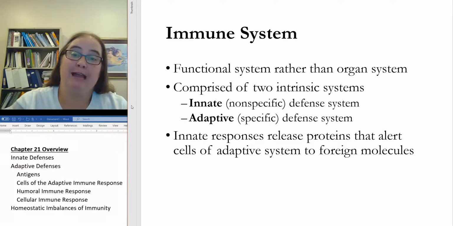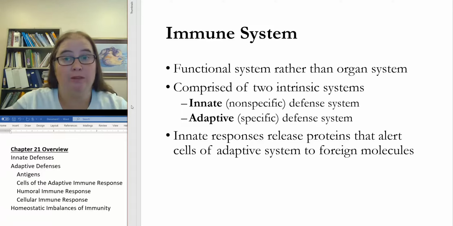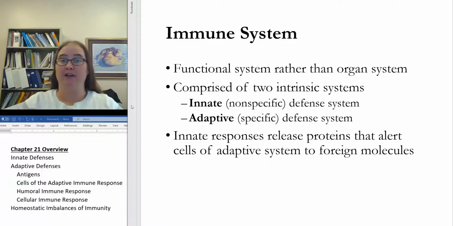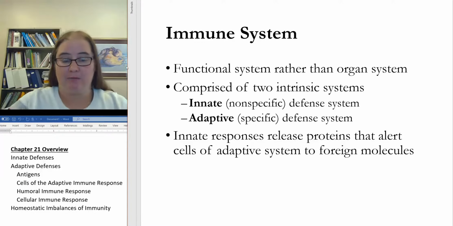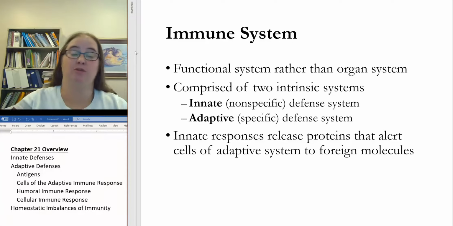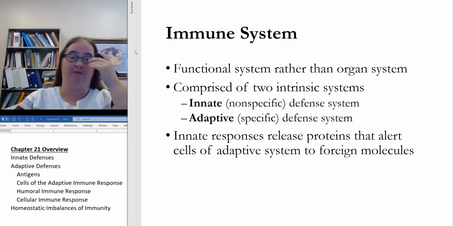So the adaptive, on the other hand, not only cares about what the arm looks like, but it also cares about how many fingers it has and what nail color is on those fingers, okay? So it is a very specific response. And again, when we talk about specificity, we're talking about the foreign substance entering the body. Our adaptive is only going to respond very specifically to those foreign substances.